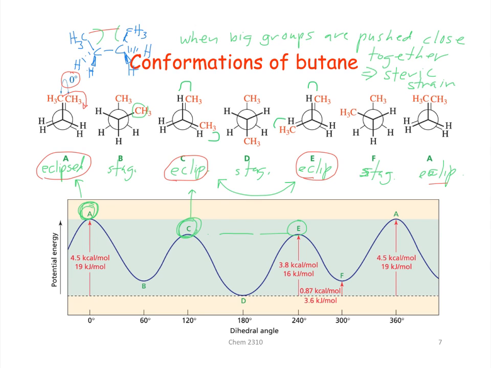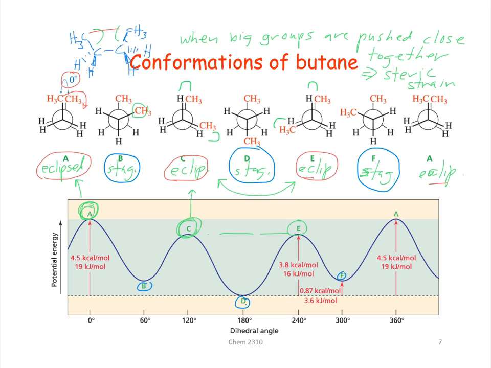All right, so now let's look at the staggered conformations. So here's staggered, this B is right down here, we have a staggered, which is D, and then F. D and F. So like before, notice that all of the staggered conformations are lower in energy than the eclipsed conformations.